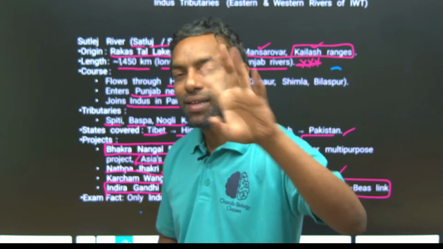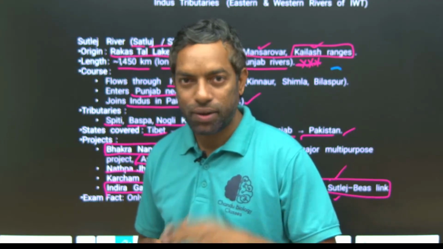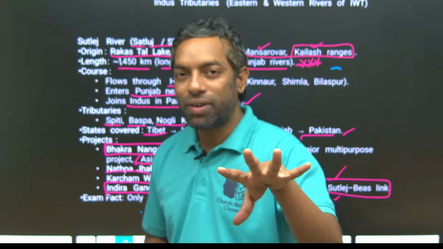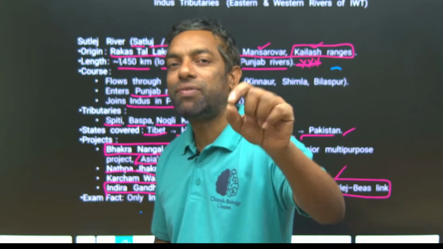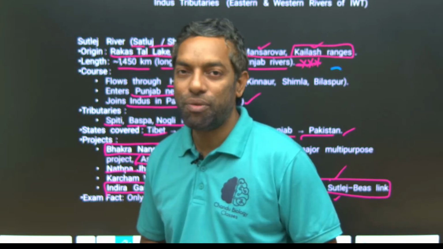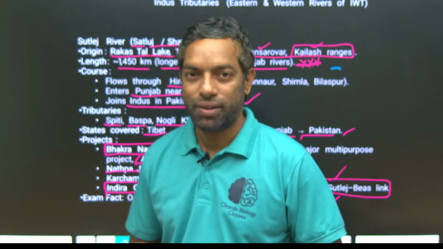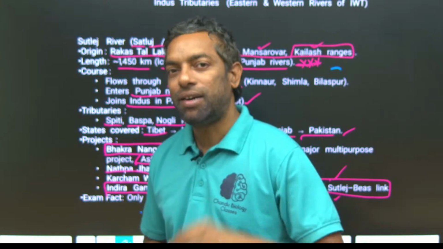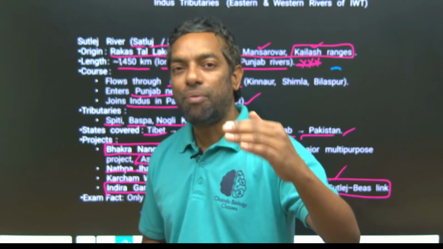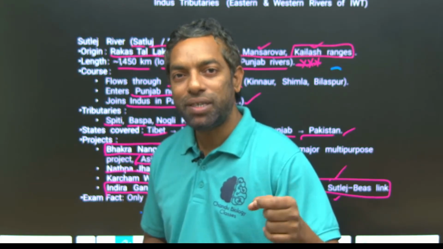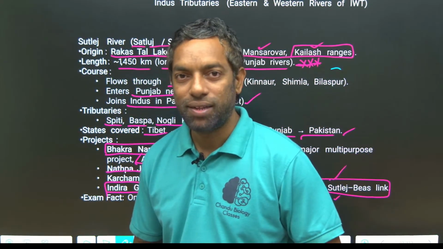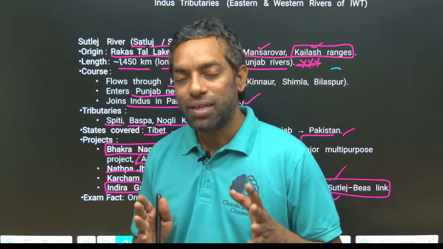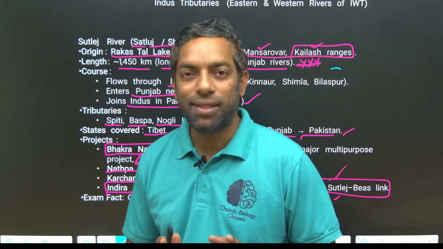Tibet, Satluj only. Third, which is the longest flowing river? 1450 kilometers, Satluj River. Fourth, how many states does it cross? Himachal Pradesh and Punjab, and finally it reaches Pakistan. Guys, this is about the Satluj River.